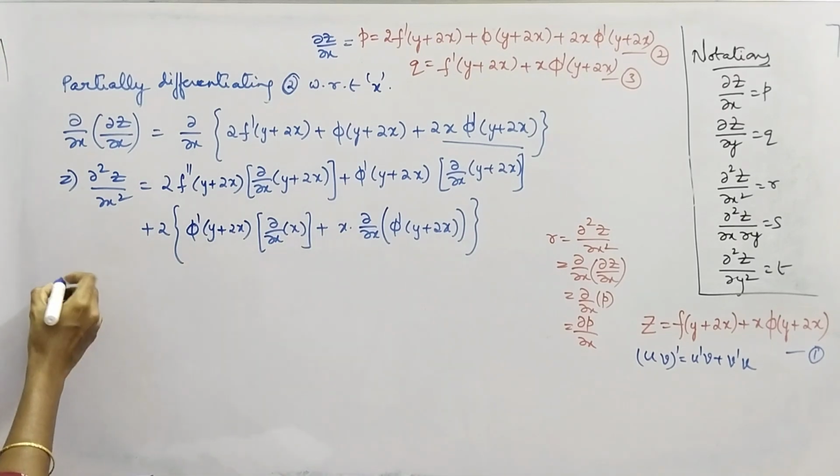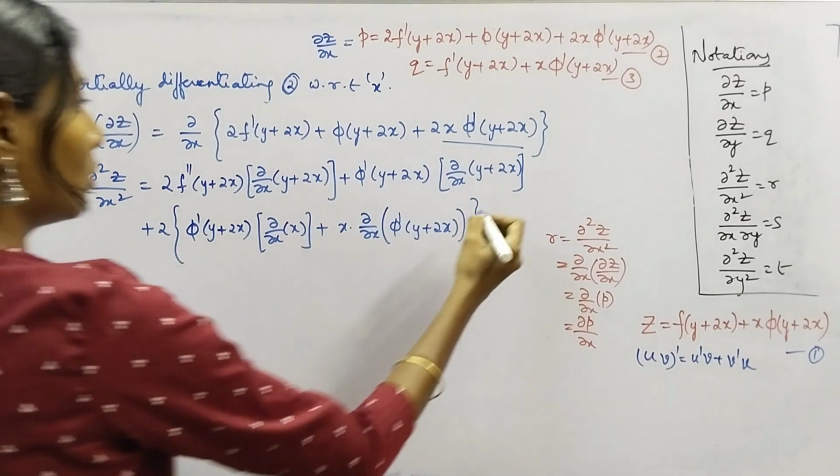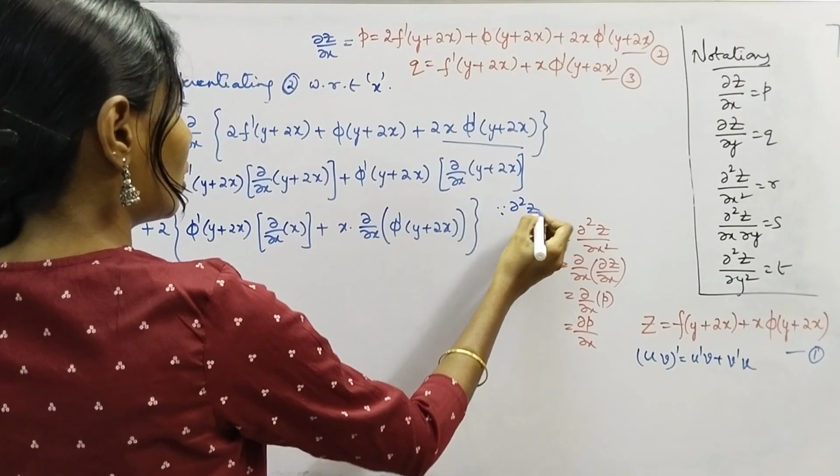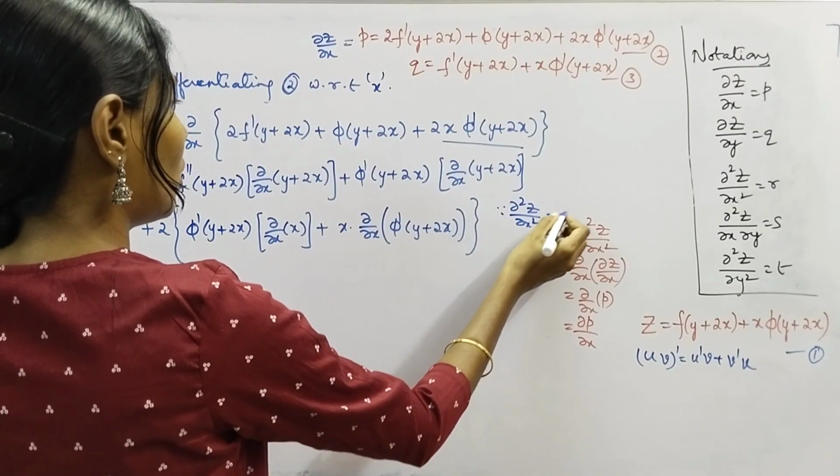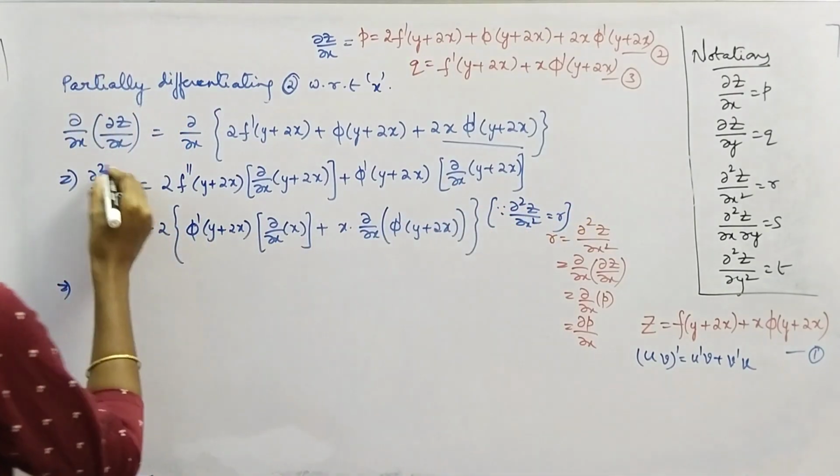And since we know that dou square z by dou x square equal to r, we'll just replace it by r.